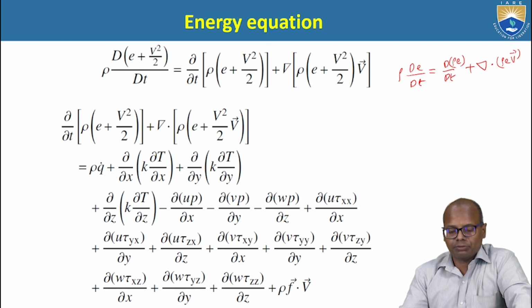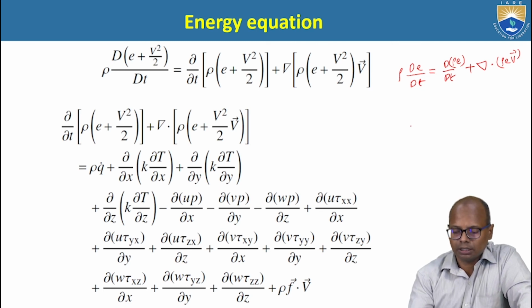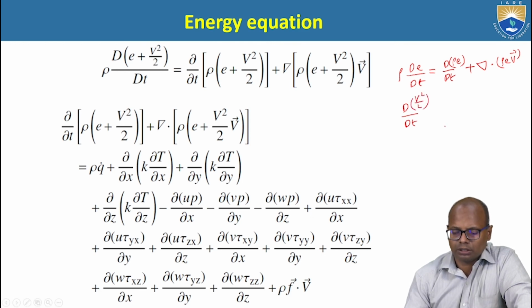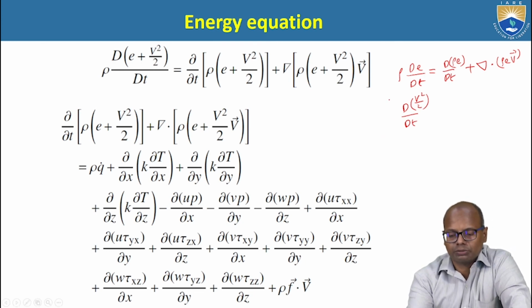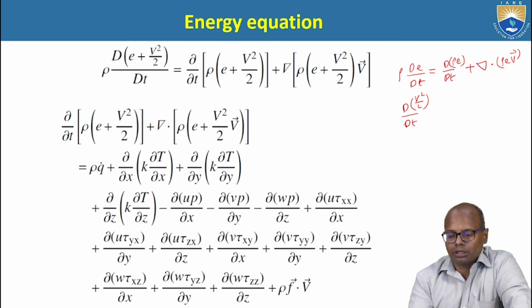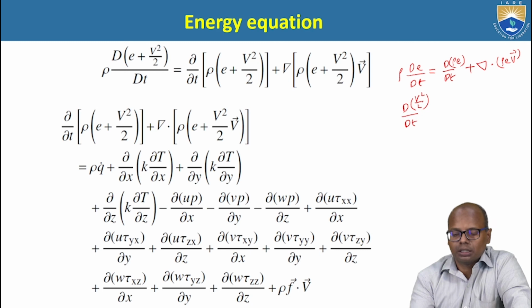Now, if I want dou V by dou T, we had here dou V square by dou T. If I want to convert this into this form, I am writing the equivalent of dou by dou T of V square here.